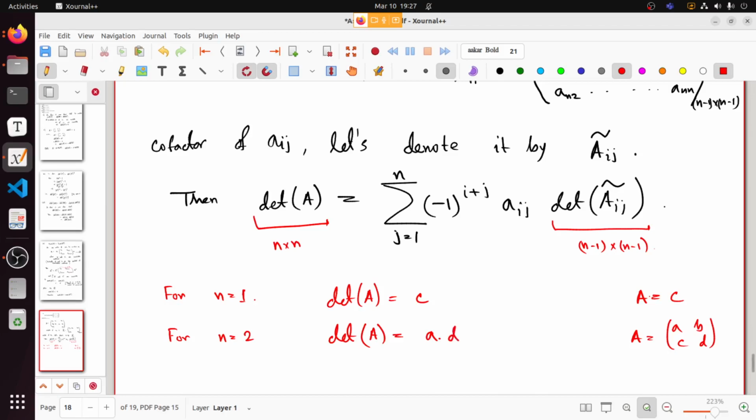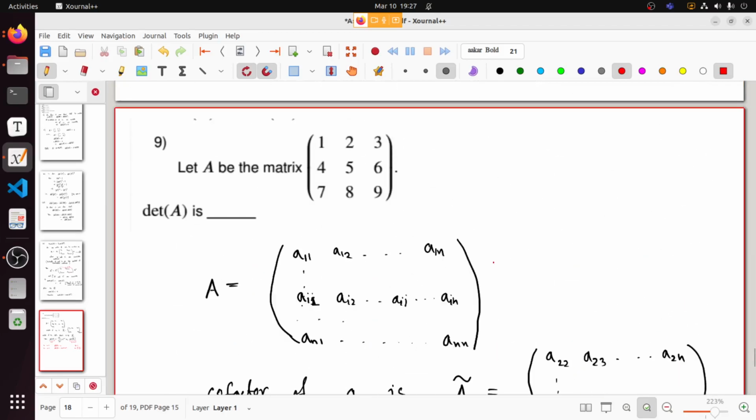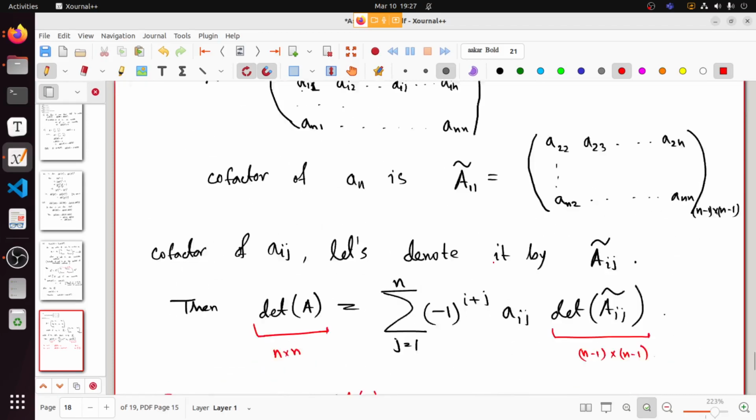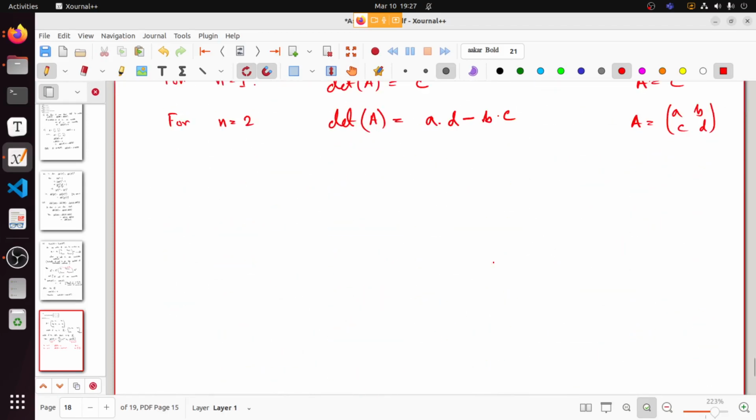Minus B, and the cofactor of B is C. By induction, this will be the formula. You can check. This was also done in the class, that this is the formula for the determinant. So using this, we will compute the determinant of this matrix. Right.